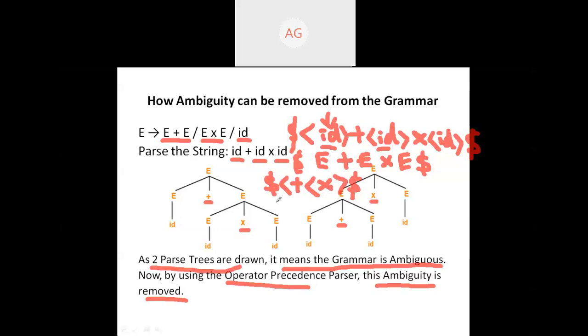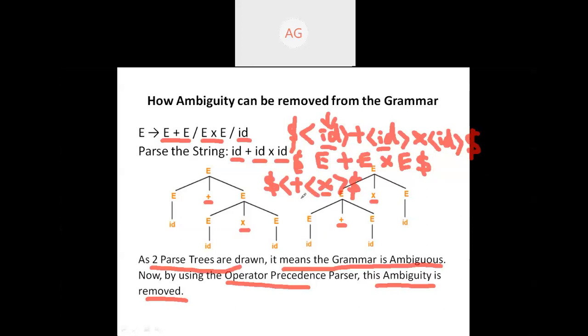So now we are scanning this string from left to right, and here we encounter into between the less than and the greater than bracket. So this into is considered as the handle, and we first consider this into because it has greater precedence than plus.